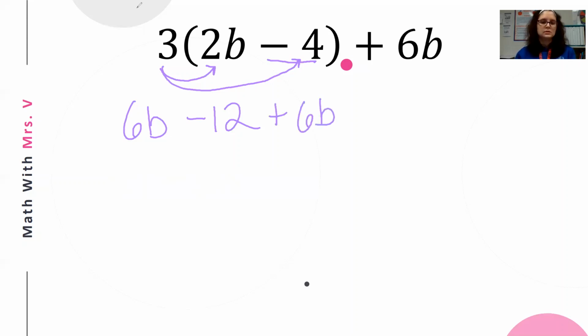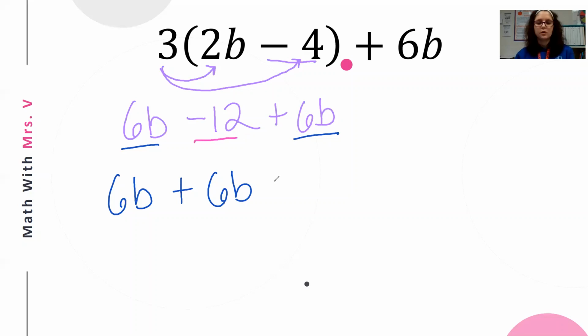Okay, let's notate what's similar. I have a 6b and a 6b. They're both positive, so 6b plus 6b. This 12 doesn't have anything to go with it, but we still include it. So now to get my final answer, 6b plus 6b gives us 12b, and the 12 doesn't have anything to combine with, so we end up with minus 12.